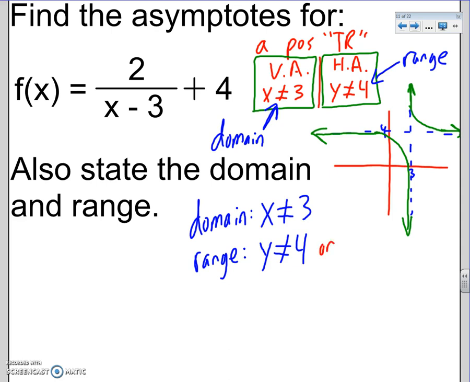For x, x goes from negative infinity all the way to 3, but it can't count 3, so it's open, union with 3 all the way to infinity. For y, it goes down to negative infinity all the way up to 4, but it's open, doesn't count that, union with 4 to infinity. It gets open, but this is the nicer answer.